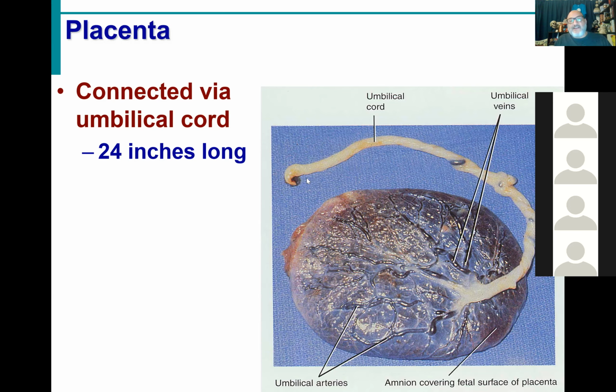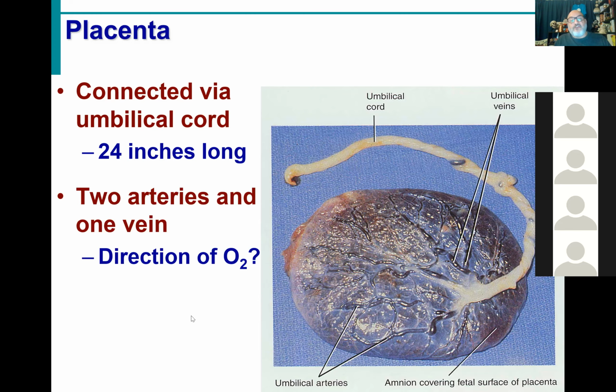Again, the placenta is connected to the umbilical cord. There are actually 2 arteries and 1 vein. Normally when we think of these arteries and veins, we think of them in relation to the direction of movement of the heart. So in this case, the arteries and veins in the umbilical cord are baby blood vessels.